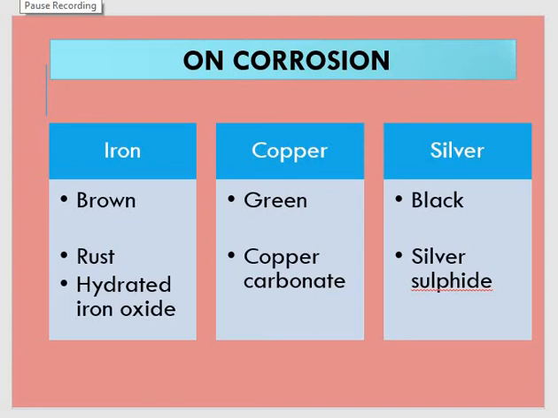On corrosion, iron forms a brown powder, that is rust, hydrated iron oxide. Copper on corrosion forms a green coating due to the formation of copper carbonate. Silver on corrosion gets a black coating, that is due to the formation of silver sulfide.